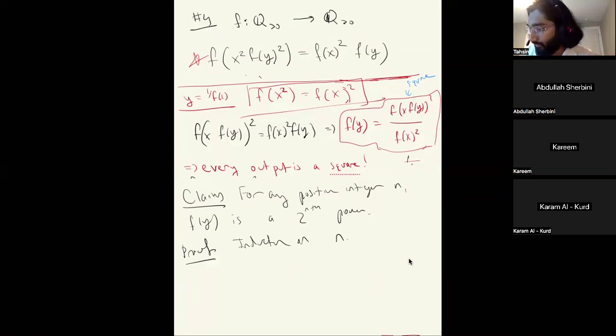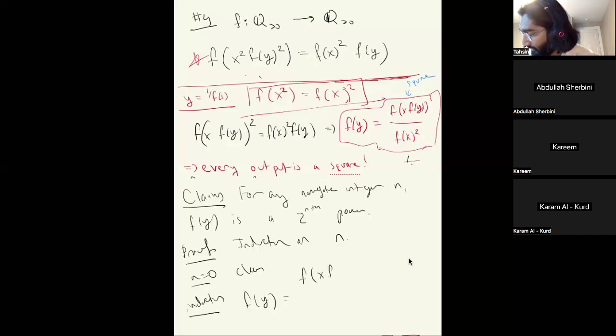Maybe we can say non-negative integer, then we can make life easy. Okay, if n equals 0, this is obvious. We're just saying it's first power, so this is clear. And then for induction, the point is f of y is, you just write this equation, and by induction, both terms are 2 to the nth powers, which means the quotient is a 2 to the n plus 1th power.